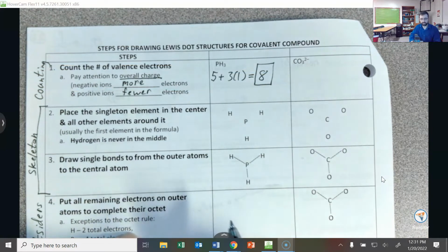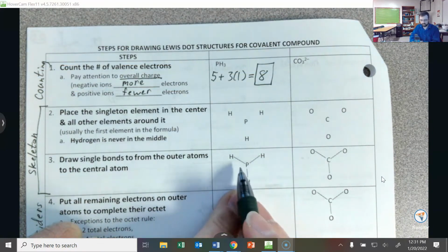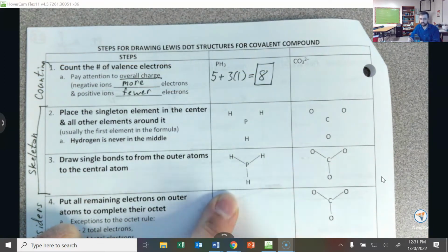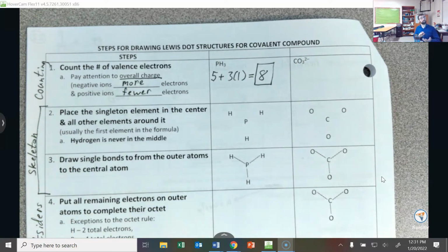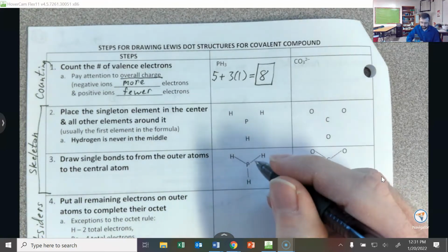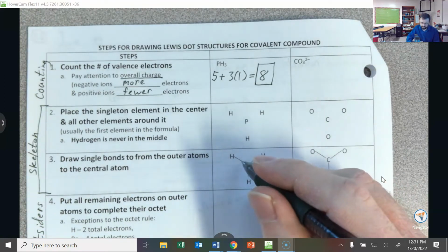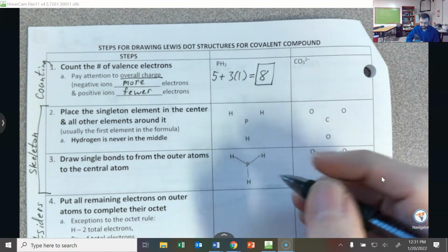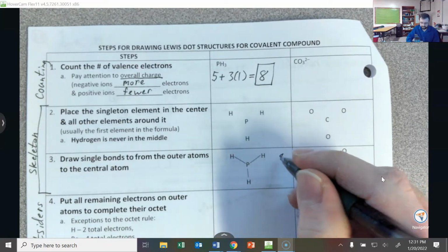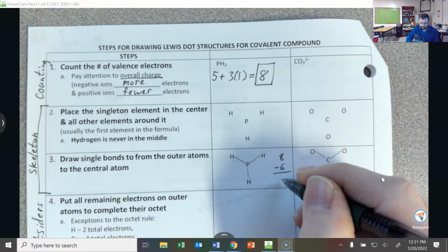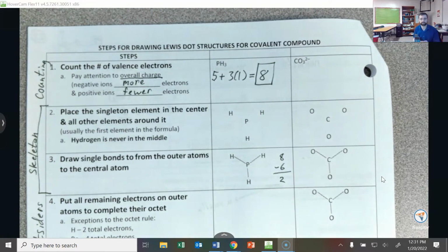That's what we call the skeleton, this part right here, PH3 with the lines connecting them. I want to remind you that each line represents 2 electrons. So if you look at this, we used 2, 4, 6 electrons. We had 8 valence electrons to work with. So 8 minus 6, that means that I've got 2 left to use.